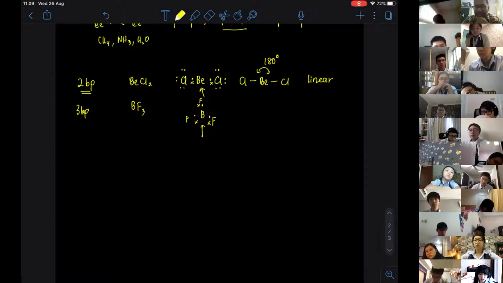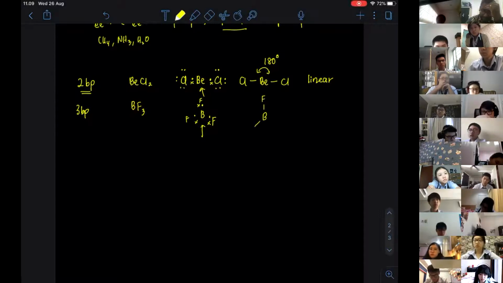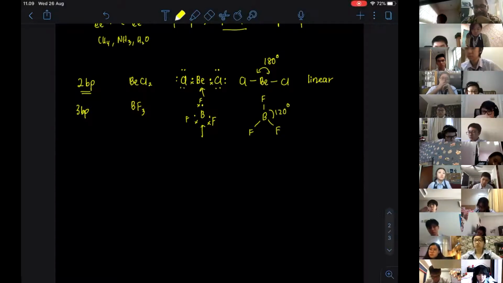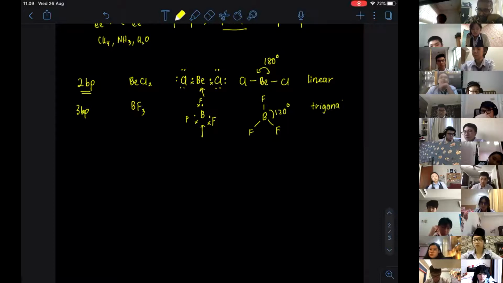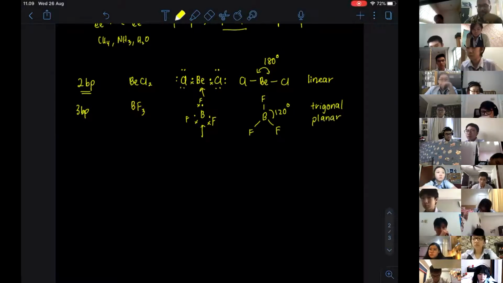If you have 3 bonding pair, the best situation is to be in this form, where the bond angle is 120 degrees. What do we call this shape? This is trigonal, because it's like a triangle: trigonal planar. I told you what you need to memorize: memorize the bond angle, memorize the name.